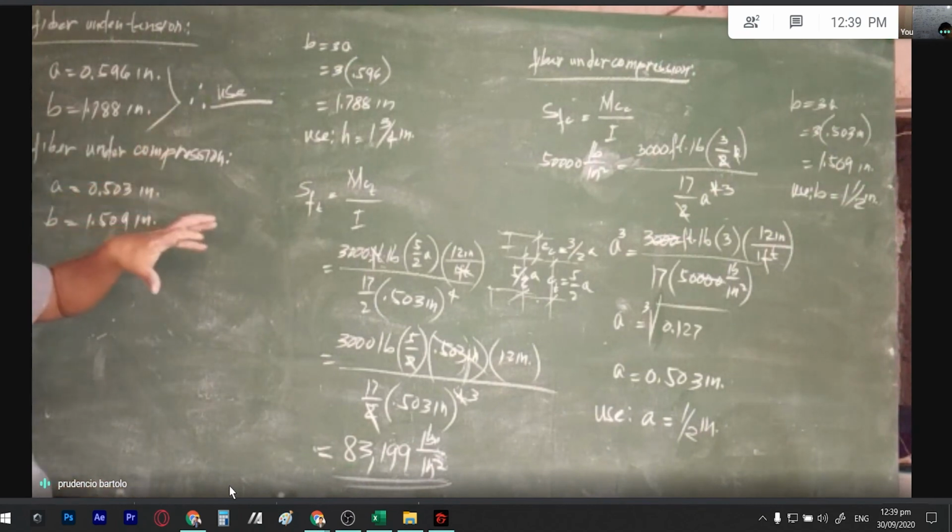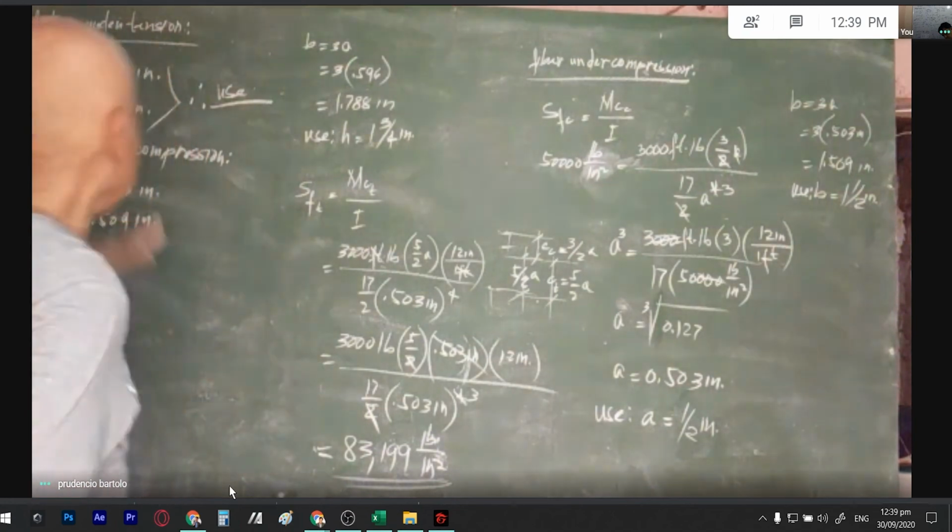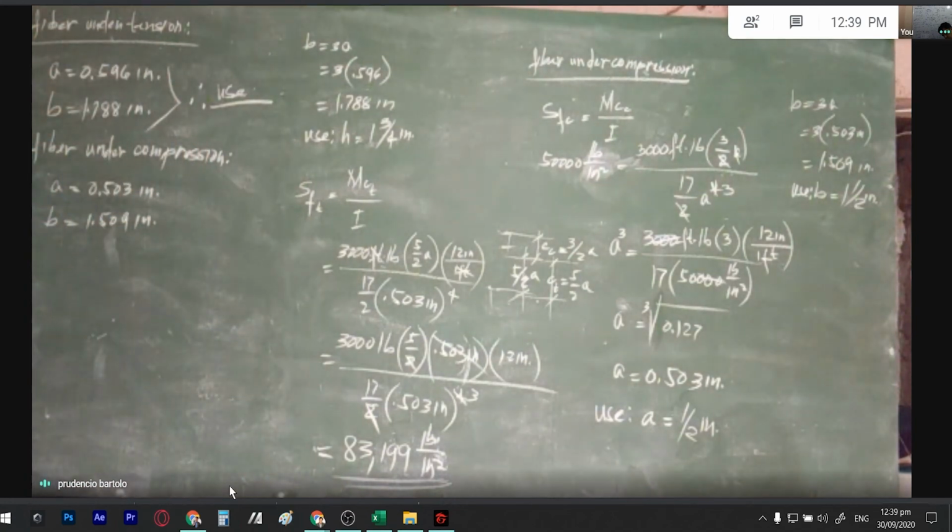Now you can check that, you can use the lower dimension that you have computed. In this case, we computed 0.503 of an inch.